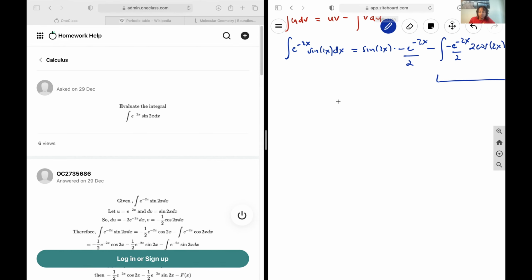And so we will have that if we set u as 2 cos 2x, I decided that based on the algorithm that I listed above. That means that dv is equal to negative e to the power of negative 2x over 2 dx. This means that du is going to be equal to negative 4 sine 2x.